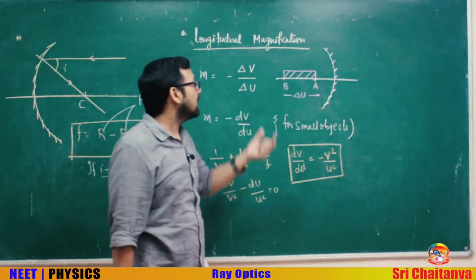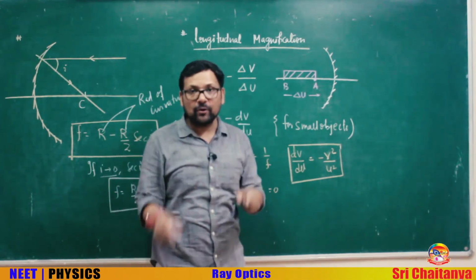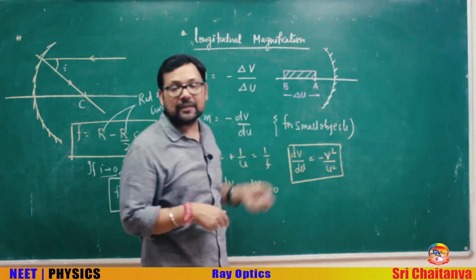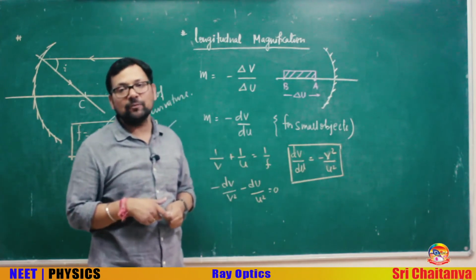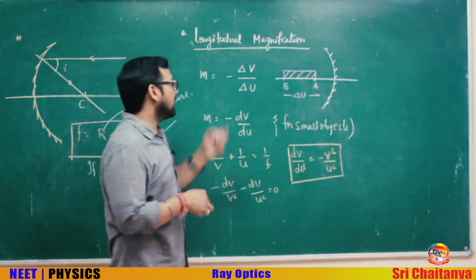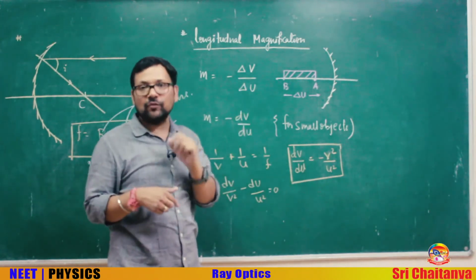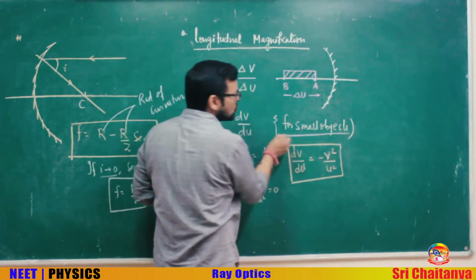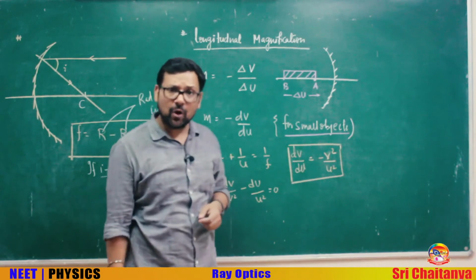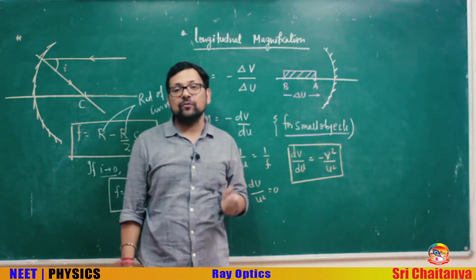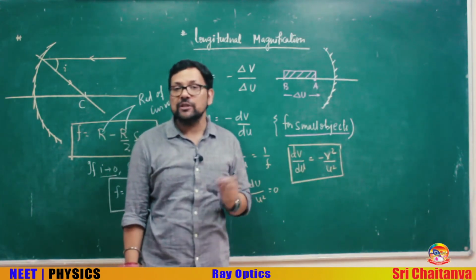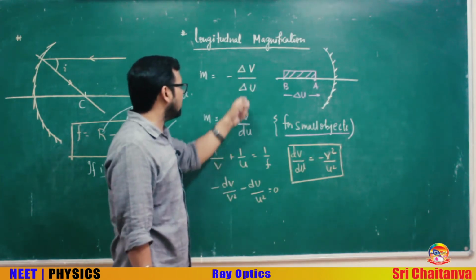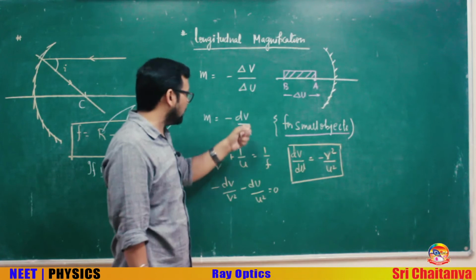So obviously, longitudinal magnification is length of image upon length of object, with a minus sign because of the reflection. This is the formula for magnification: delta v, length of image, upon delta u, length of object. And in this case, suppose the object is not a point, but it is very small. So delta v will be dv and delta u will be du, differentials, as it is small.